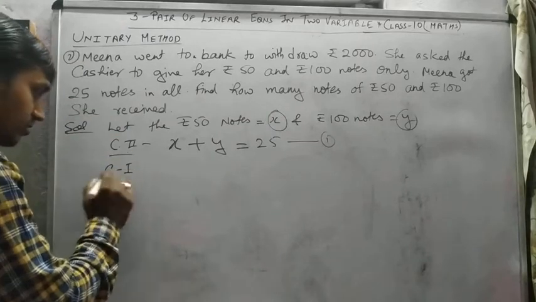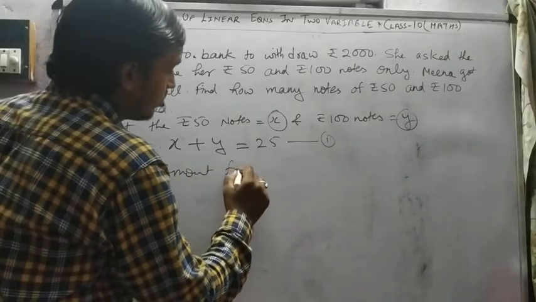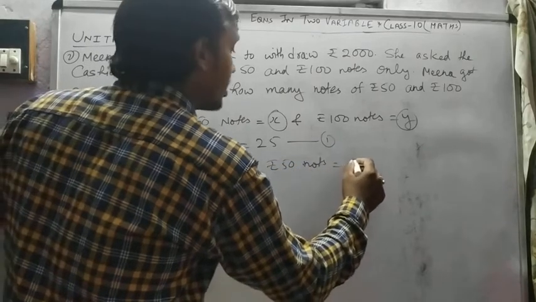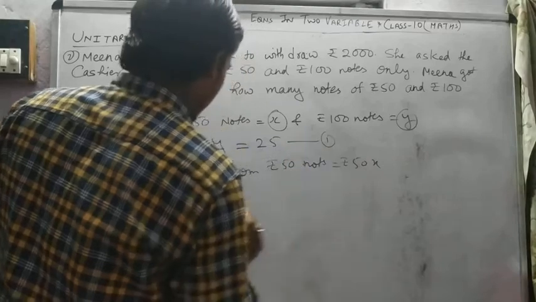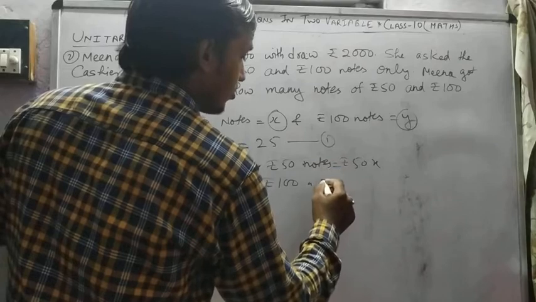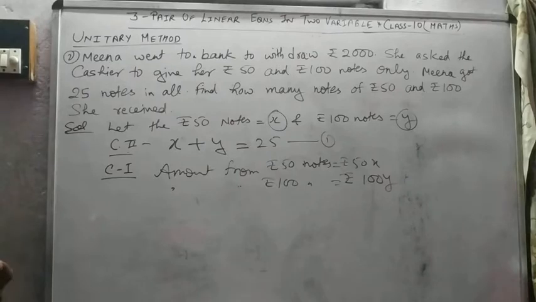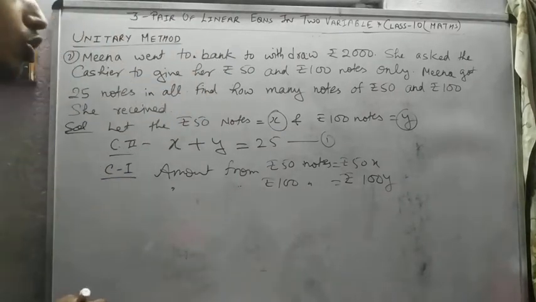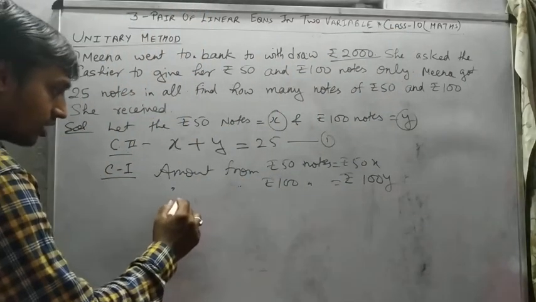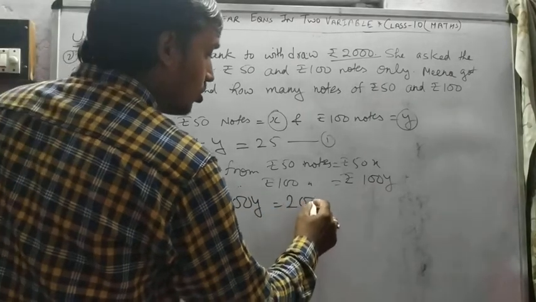So case first: the amount from 50 rupee notes is 50x rupees, the amount from 100 rupee notes is 100y rupees, and according to the question the total amount she received is 2000. Means 50x plus 100y is equal to 2000.